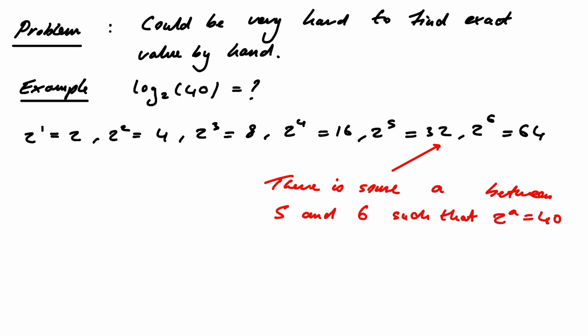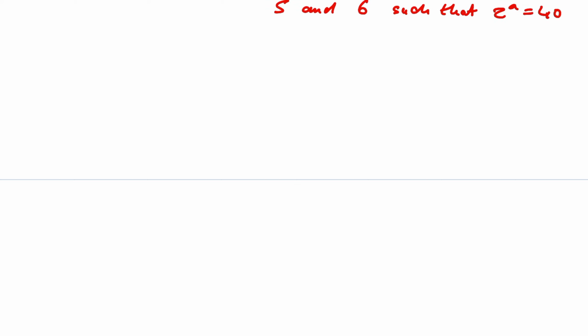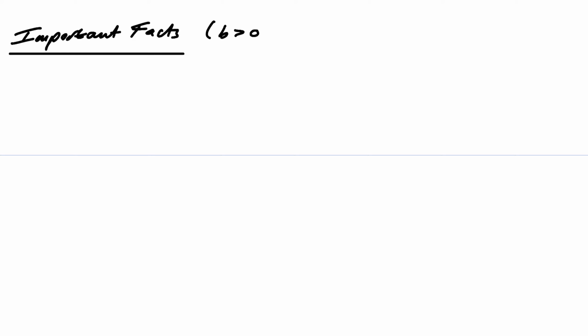So let me talk a little bit in general about what logarithms look like and when they exist. So here are some important facts. Again, we're going to assume b is strictly greater than 0 and is not equal to 1. Otherwise, it doesn't really work.